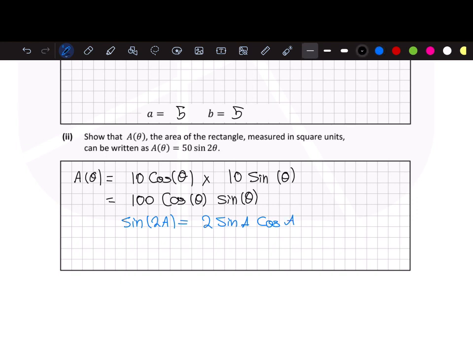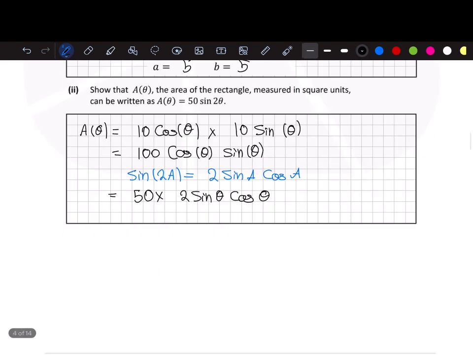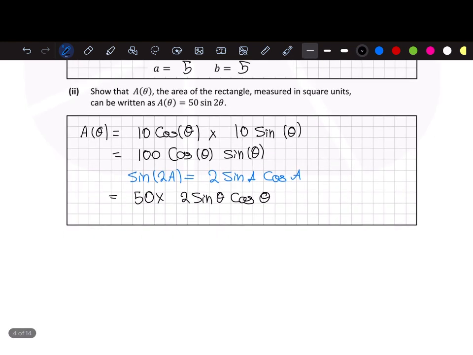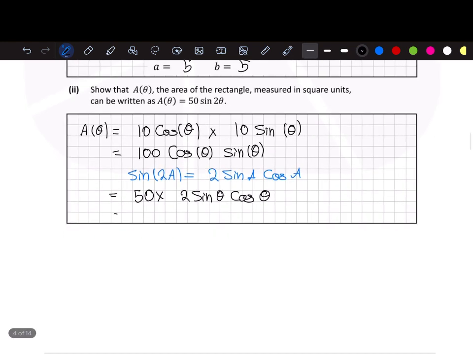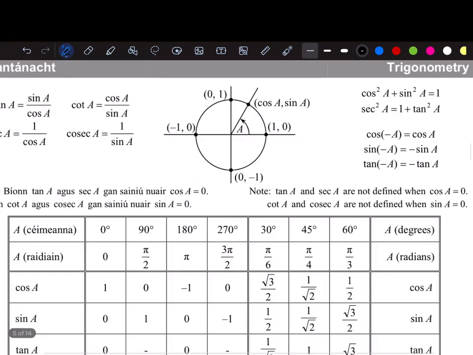It's the same as why 5 multiplied by 2 is the same as 2 multiplied by 5. So we can rewrite this as 50 multiplied by 2 sin theta cos theta. And then we can replace the 2 sin cos by the sine of 2A. So this is just going to be 50 sin 2 theta. And that's how you show that.